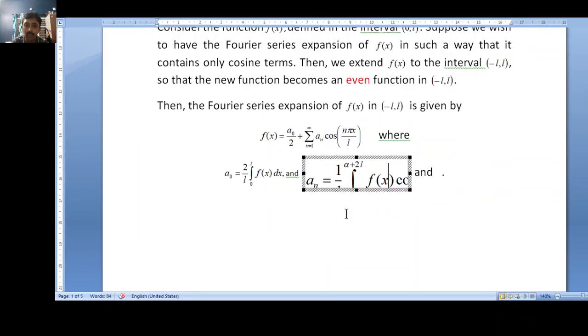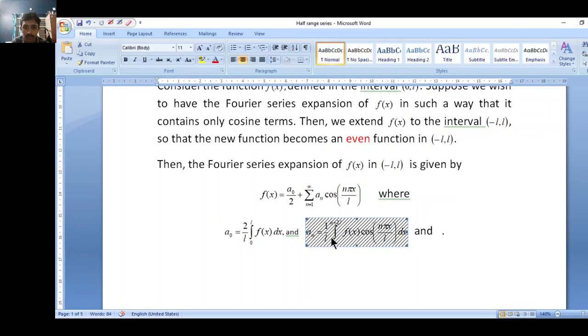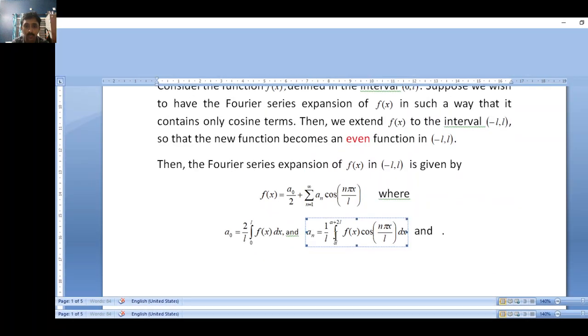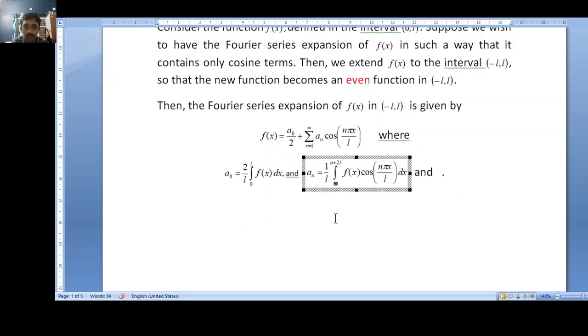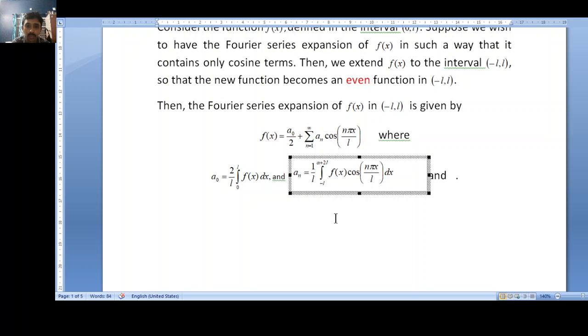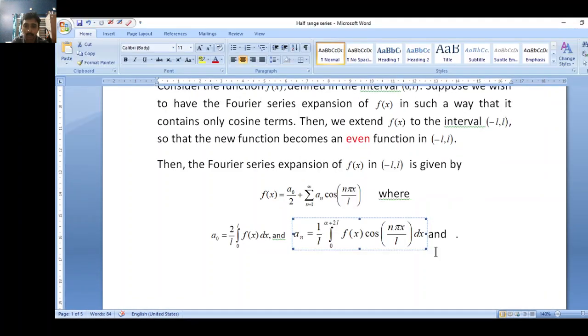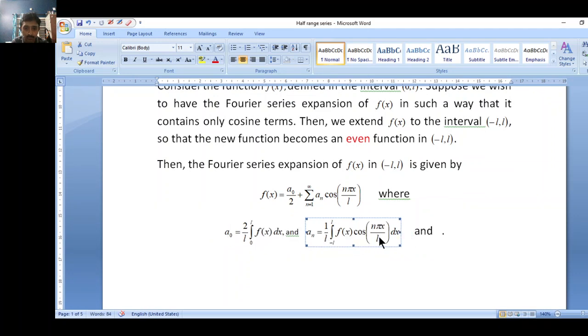So once again here, initially the interval of consideration for a0 and an both will be from minus L to L, correct?